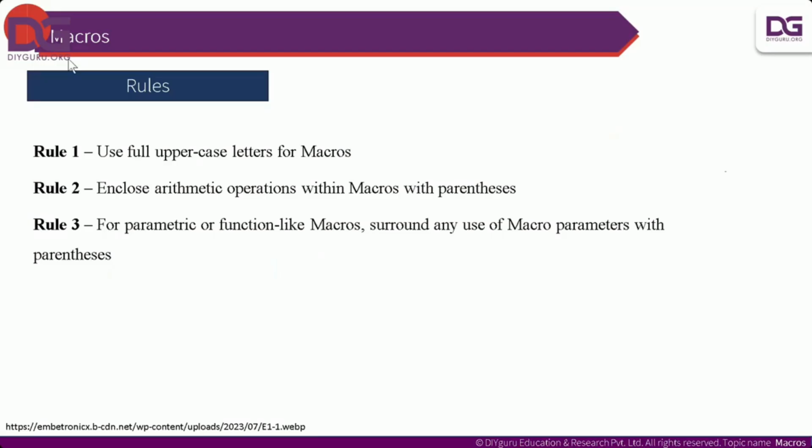Let's see the rules one by one. First is uppercase letters. Say I'm going to initialize a macro with define. The macro name should be all capital so that I can identify that this is a macro variable.